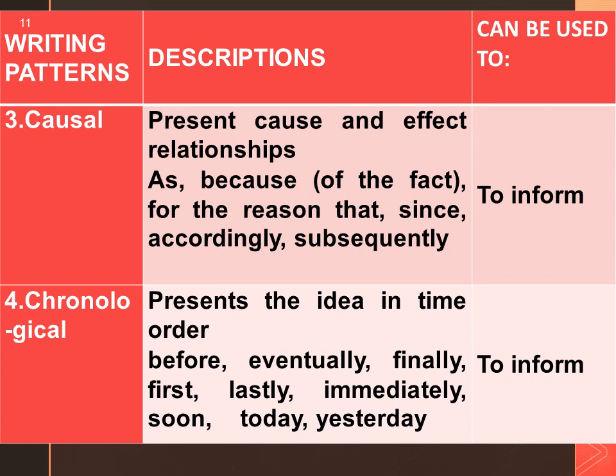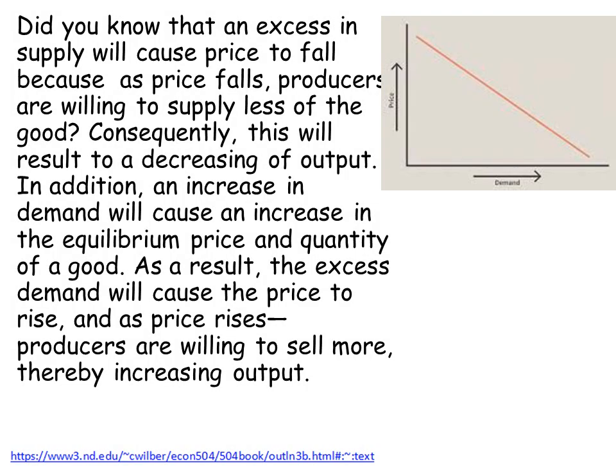Again, just like we have done in our previous pair of writing patterns, let me present to you the sample, and I need you to identify what writing pattern was used. Okay, this is our text. Did you know that an excess in supply will cause price to fall because as price falls, producers are willing to supply less of the good?